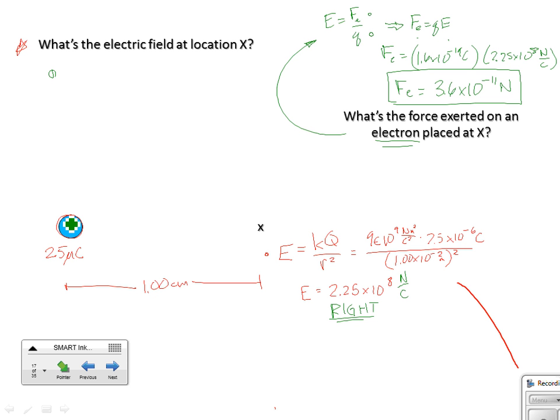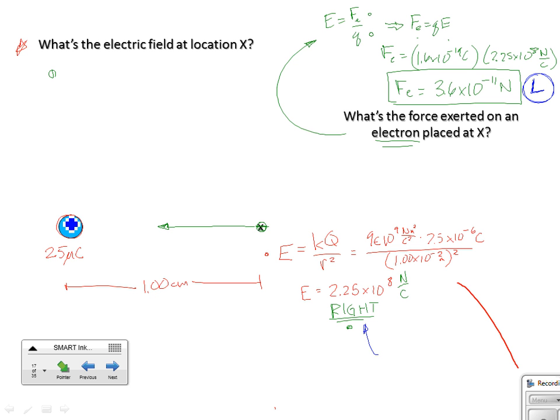Now, here's another reason I really wanted to put this slide in here. We put an electron here that's negative. Well, that charge is going to feel a force this way. Notice, the field points right. The force on an electron is left.